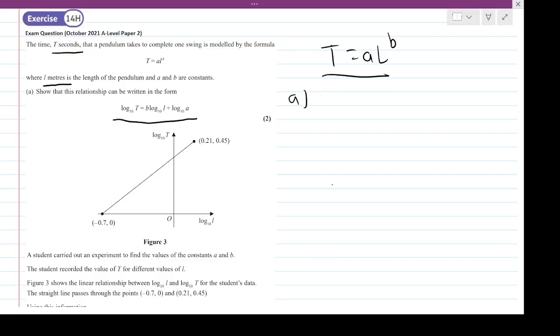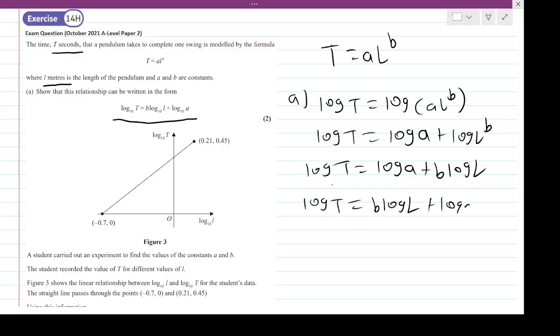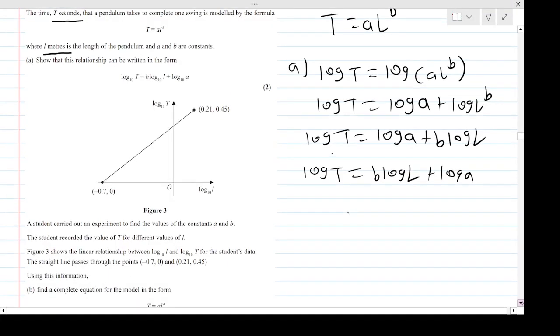If t is AL to the B, then log t is log AL to the B, and then I can split up this product in the log, so it's log A add log L to the B. Then this power B can come to the front of the log, so log T is log A add B log L. If we rearrange it slightly, log T is B log L add log A, and that is the equation they want. So that's part A.